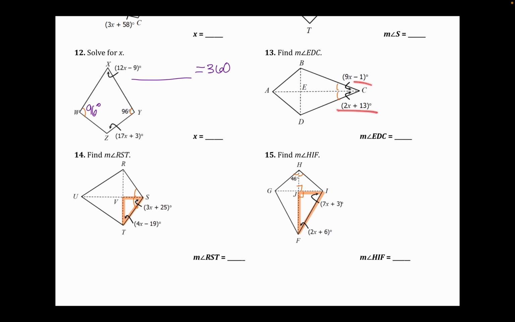These two angles are equal to each other. Find x, plug it back in, and then for this angle down here, we know we have this triangle and a 90 degree angle, just like that last problem.